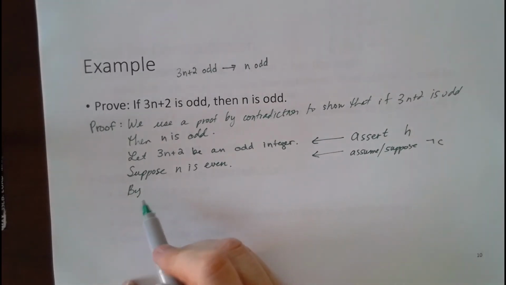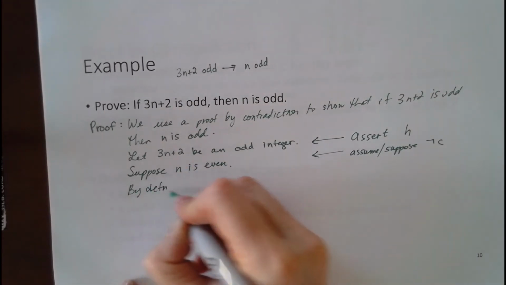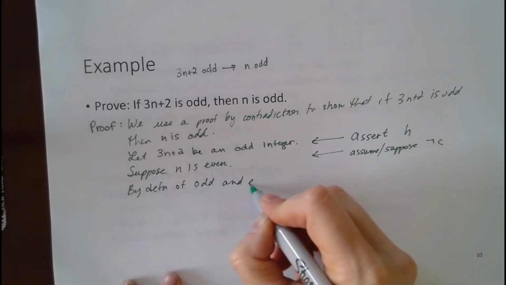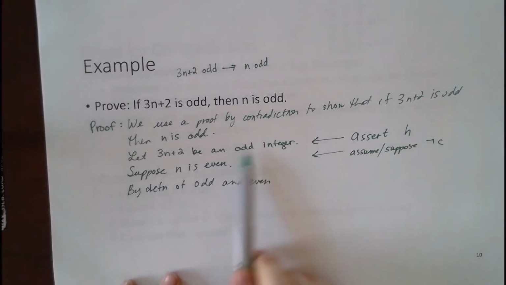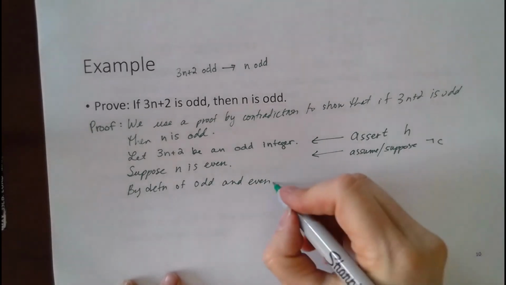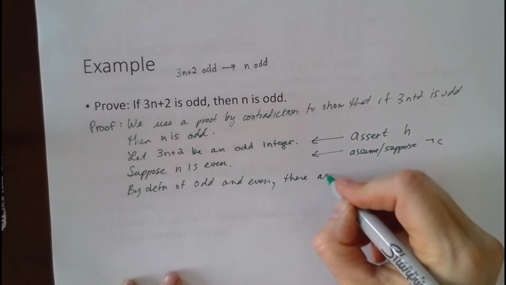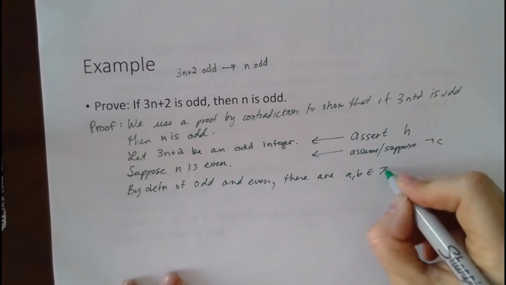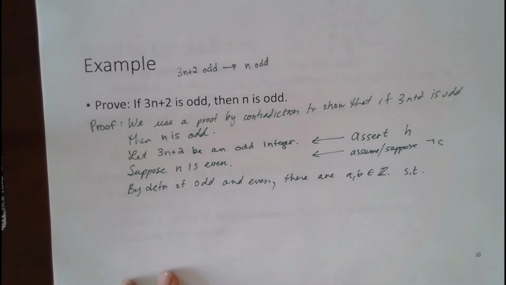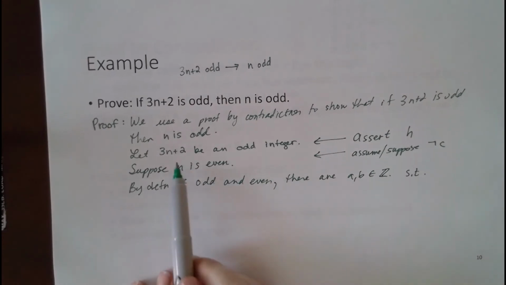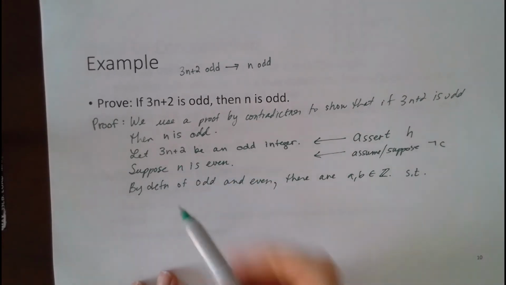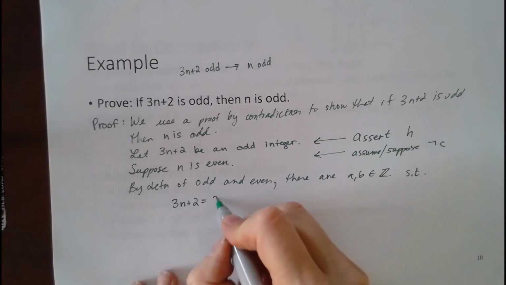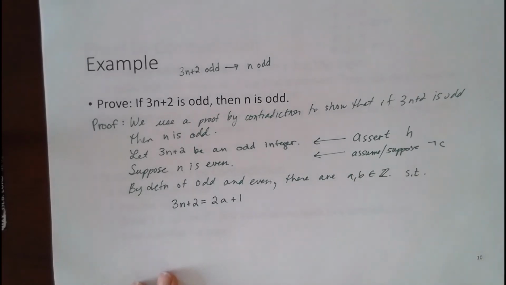Okay, so by definition of odd and even, we have one odd, one even. There are integers, let's call them a and b, such that we know that 3n plus 2 is odd, so we're going to have 3n plus 2 be 2a plus 1.